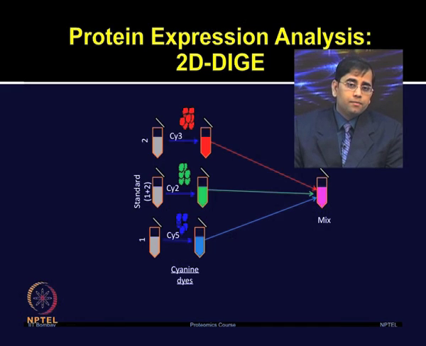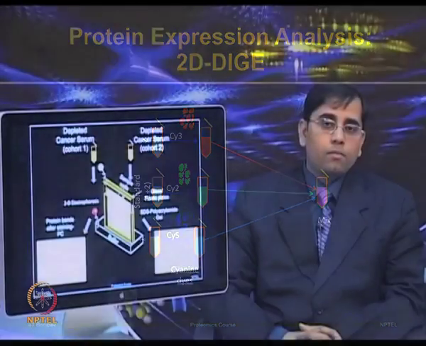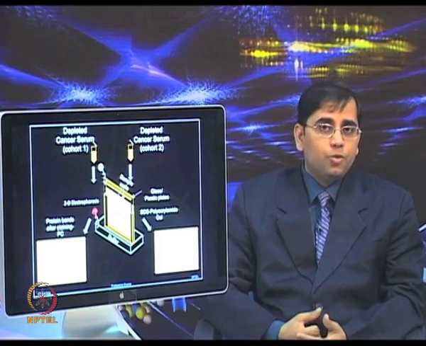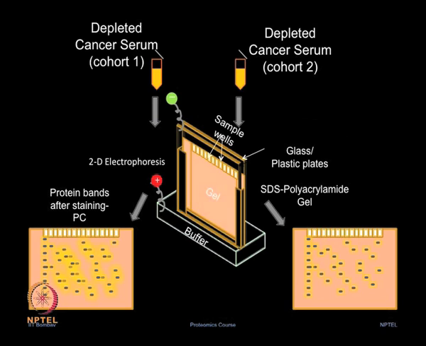As you can see in the slide, these samples were first labeled with Cy3 and Cy5, and the internal reference pools were also made, which were labeled with the Cy2 dye. These samples were then mixed. The depleted cancer serum from the first cohort of Gleason score 5 and the second cohort of Gleason score 7 were mixed, separated in the first dimension, and then the proteins were separated in the second dimension.